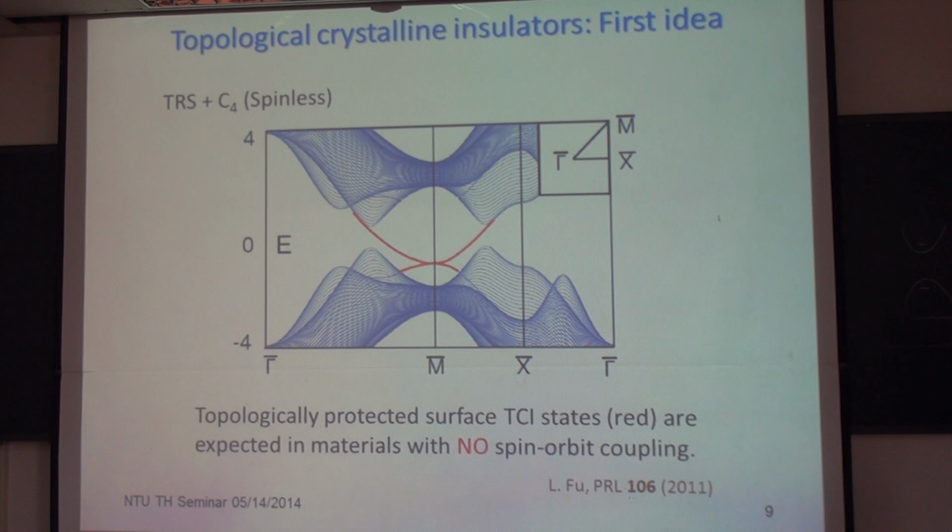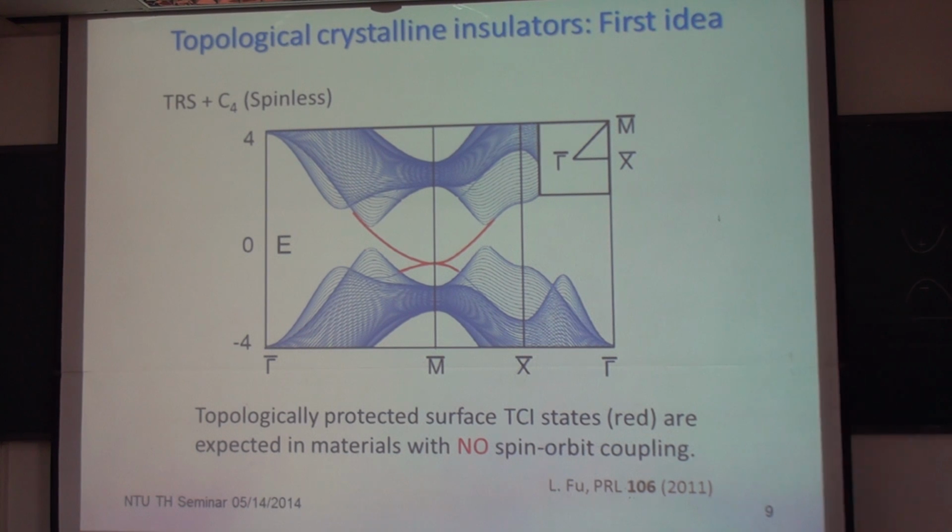But here, we assume we simply keep two of the 4 eigenstates, and the other 2 states we assume are high energy states, so we can get rid of them.